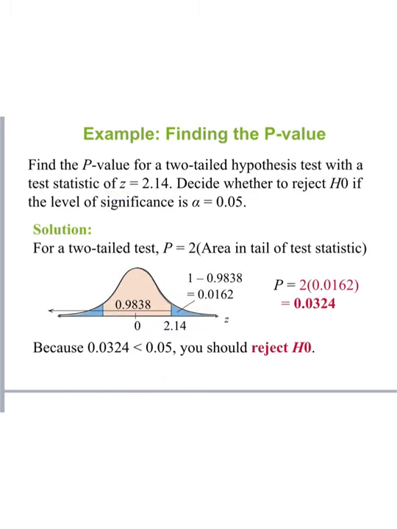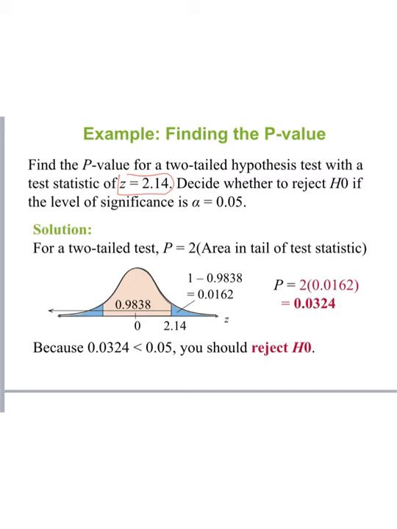Okay, let's take a look. Another example, finding the p-value for a two-tail test with a test statistic of 2.14. So they give you only a positive value, but you know it's a two-tail test. Decide whether to reject the null hypothesis at the given level of significance. So first, sketch a picture.